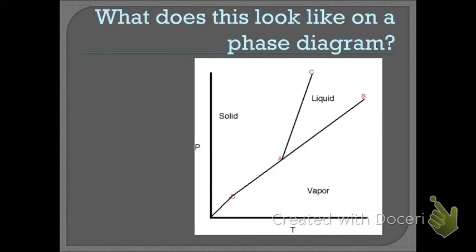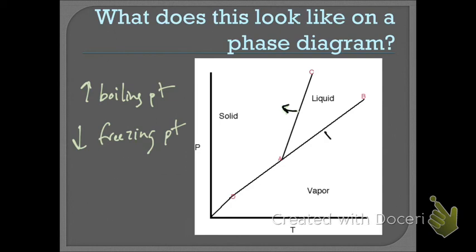So what does this look like on the phase diagram? Well, if you remember, the addition of solute increases the boiling point and decreases the freezing point. So your freezing point would go this way, and then your boiling point would go this way.